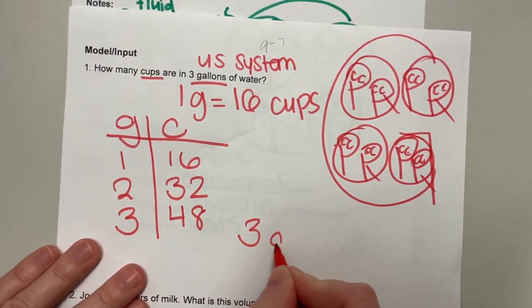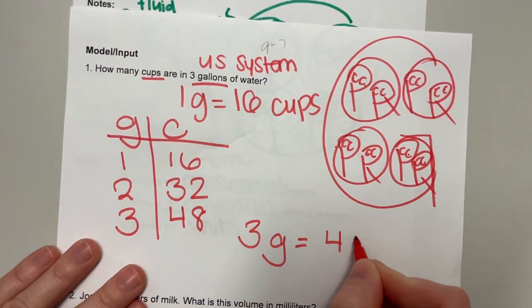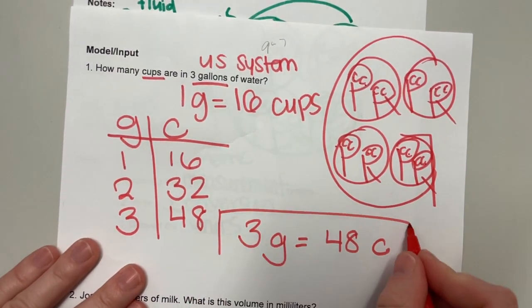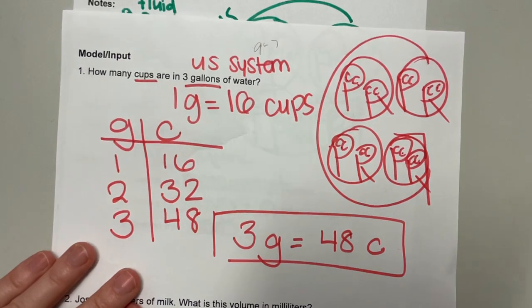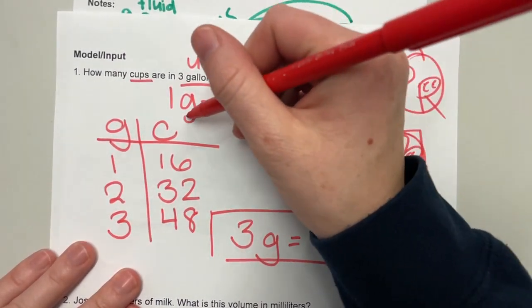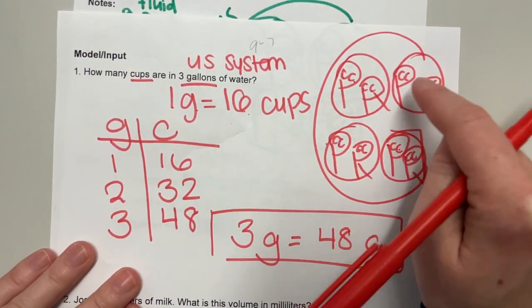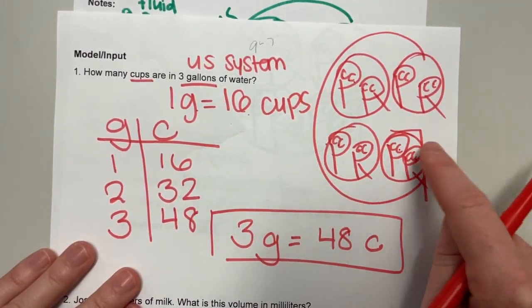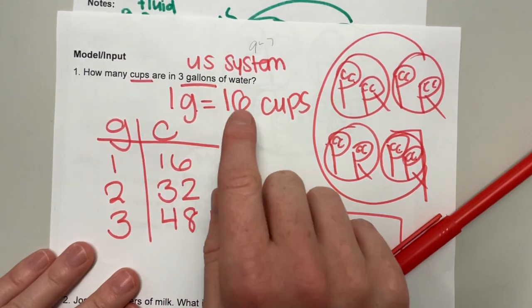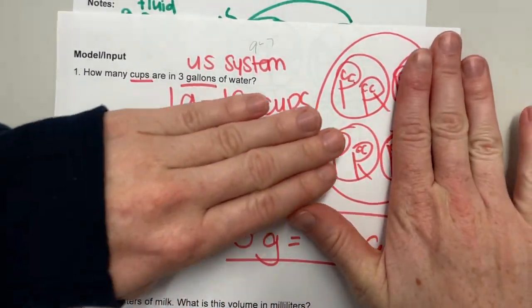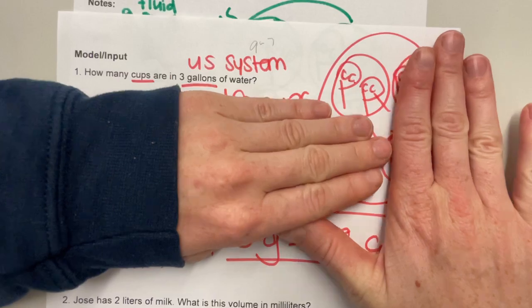So 3 gallons equals 48 cups. Again, to know how many 1 gallon equals to 16 cups, I just count how many C's there were for the entire G. If it was saying 1 quart is how many cups, then I would just look at that 1 quart.